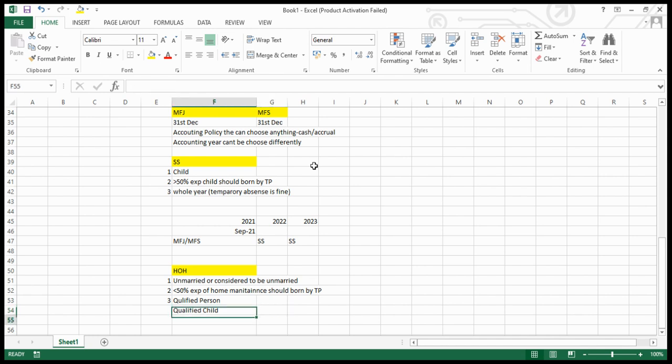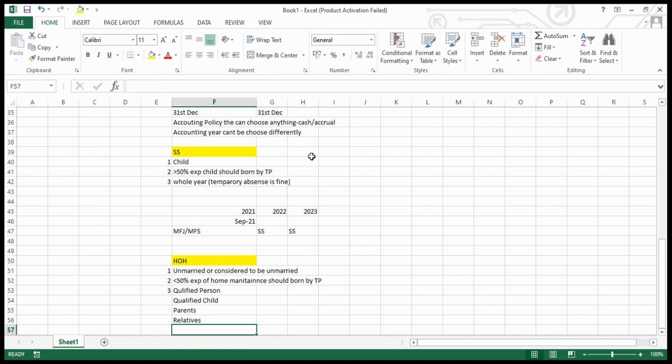That is one thing. Child, then parents, okay, relatives. All these three persons we will call qualified persons. If a person is spending money on them for the home maintenance above 50%, then he is the head of the household.